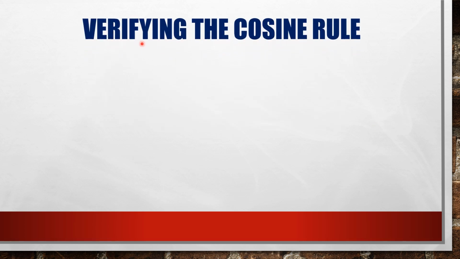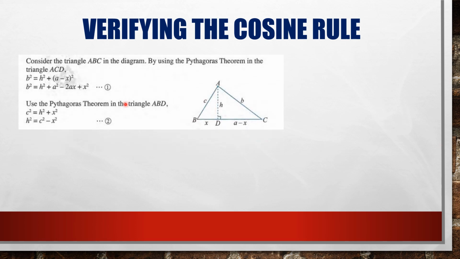Now we look at how to verify the cosine rule. How do we construct this cosine rule? You have triangle ABC. You can refer to your textbook at page 252. As usual, this is angle A, so the opposite side will be a.